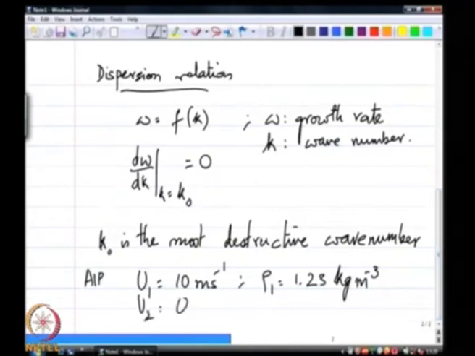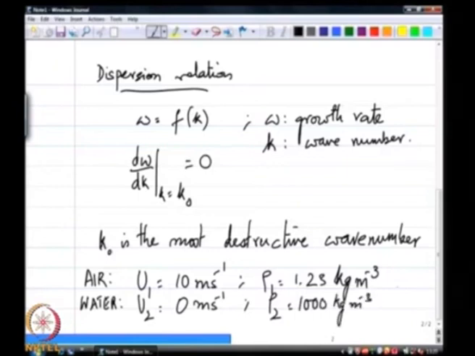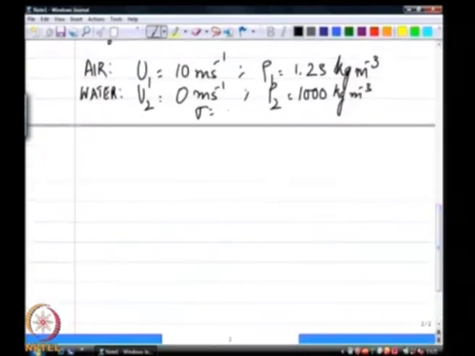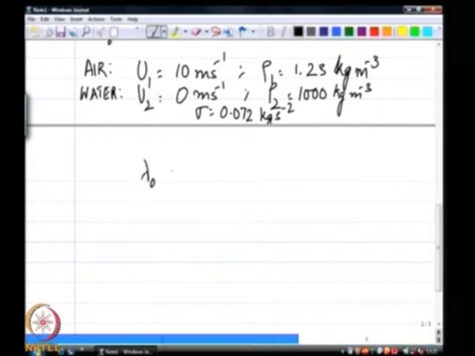If you replace fluid number 1 with air and fluid number 2 with water, and also set sigma to be equal to the surface tension of water, you will find that the lambda 0 corresponding to k 0 is on the order of about 10 centimeters, 7 to 10 centimeters.